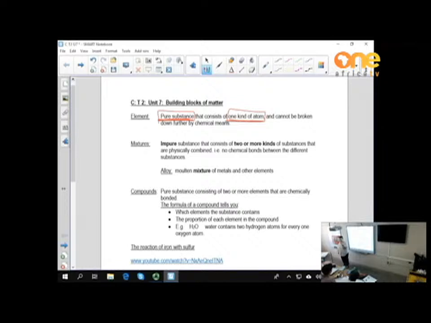You understand? So, technically speaking, when we talk about the particles that matter is made up out of, we don't go to subatomic level. All right, so we then say that an element cannot be broken down by chemical means.